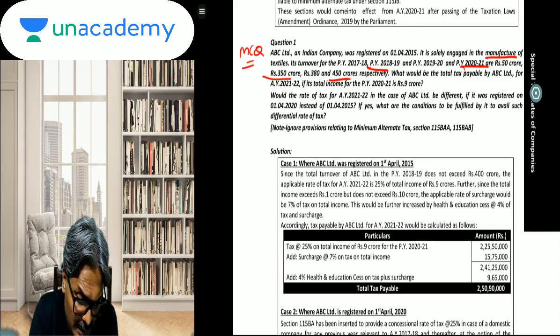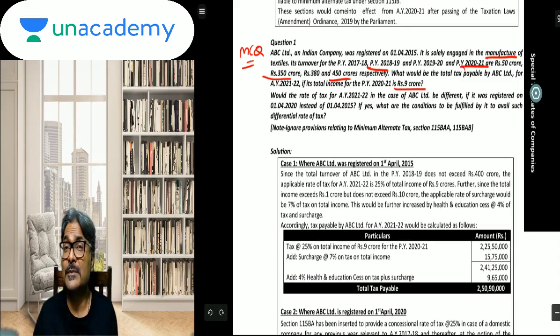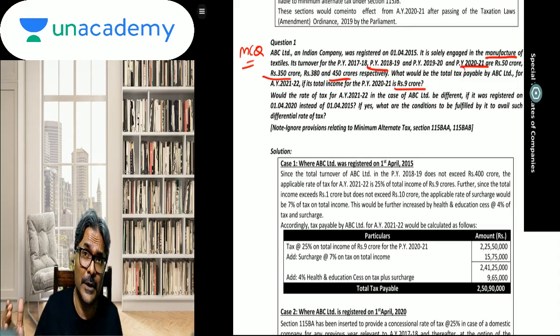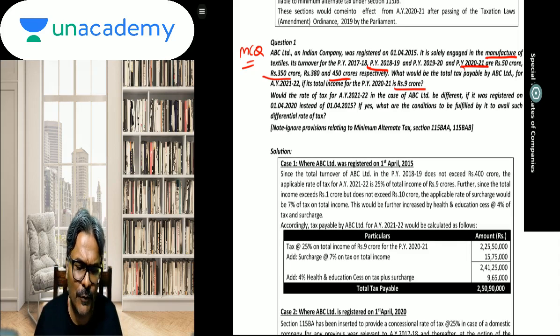If its total income for the previous year is 9 crores, then students, total income is more than rupees 1 crore but less than 10 crores, so a surcharge element of 7% would be there. But whether it is an SME in the previous year 2021, for that we have to see the turnover of previous year 18-19, and that turnover happens to be 350 crores, so definitely not exceeding 400 crores.